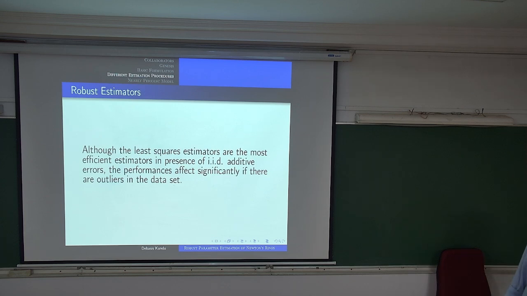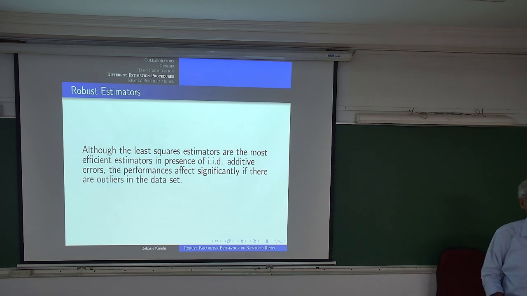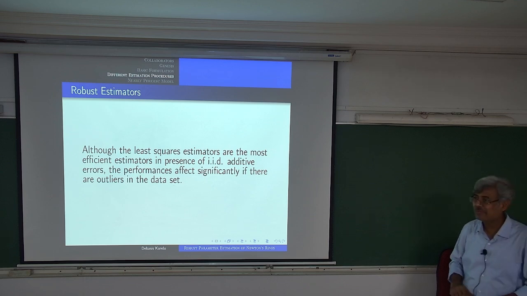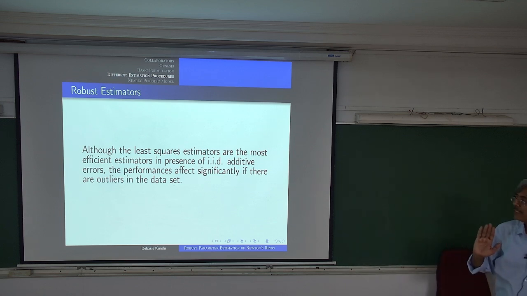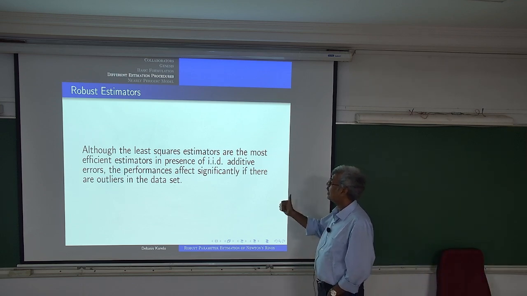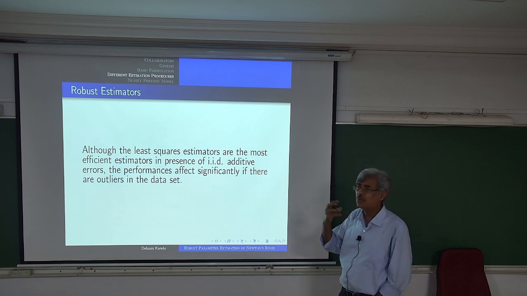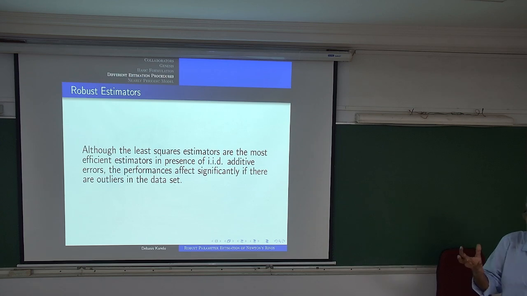So the least square estimator. Although the least square estimators are the most efficient estimators, what happens is that with additive errors, if there are some odd data, even very few, 1 or 2, even in a large sample size, the least square estimators are affected significantly.